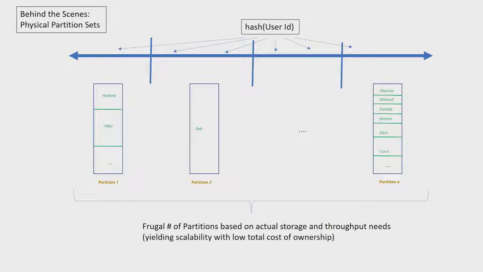And in this example, since we have 4 partitions, we'll break the range of hashed values into 4 quarters. The first quarter maps to partition 1, the next quarter maps to partition 2, and so on. Basically, that means we're co-locating partition keys on the same physical partition.